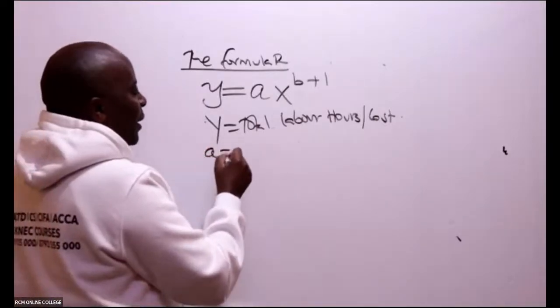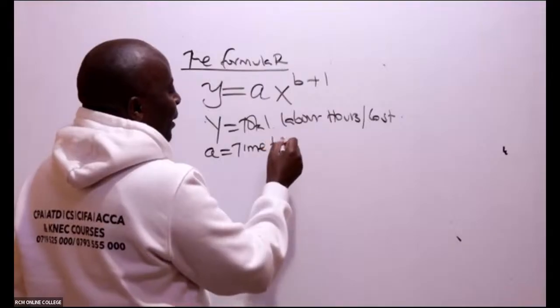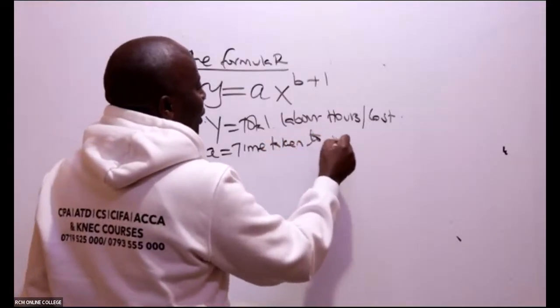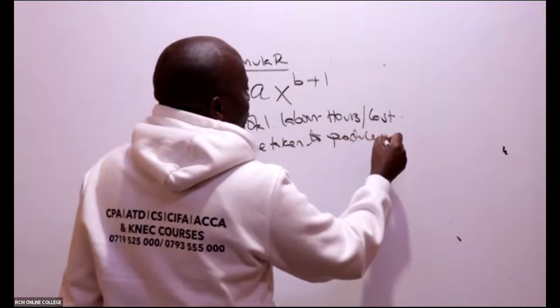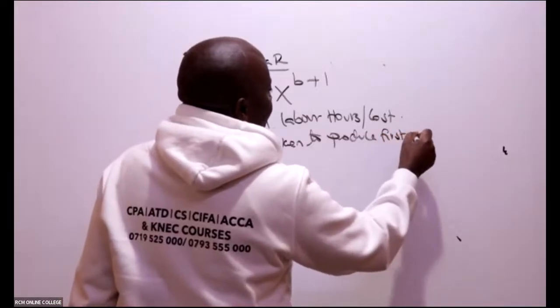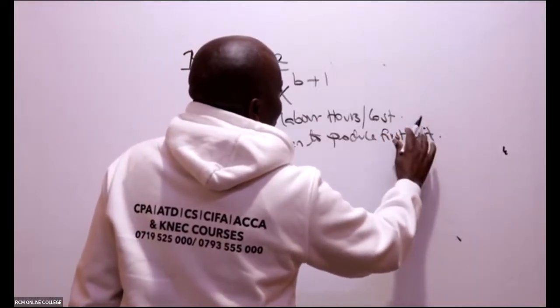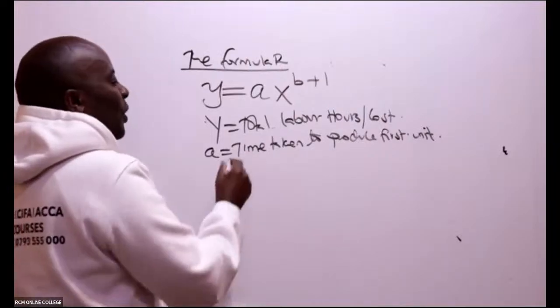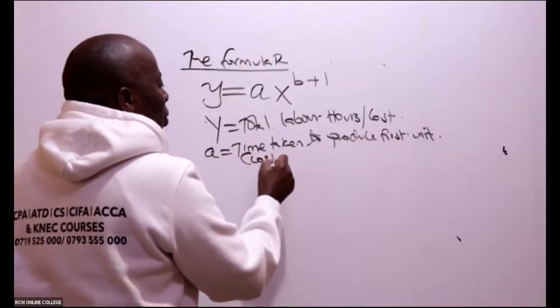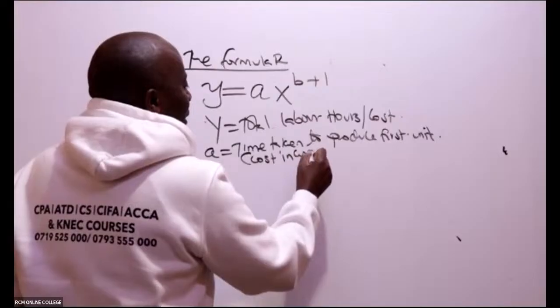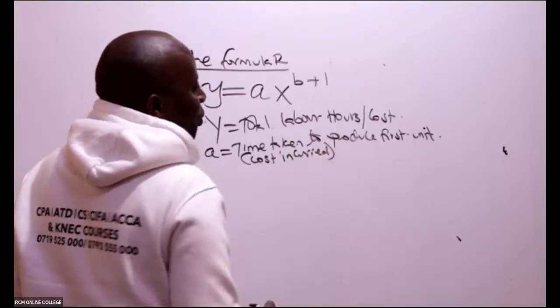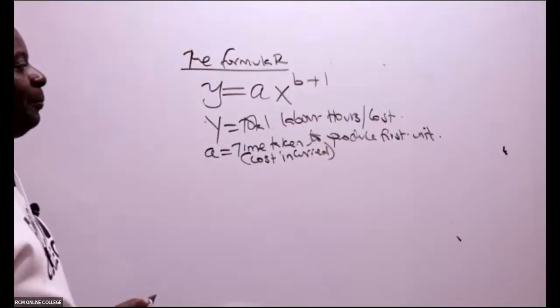A is the time taken to produce the first unit. It will also be the cost incurred to produce the first unit.